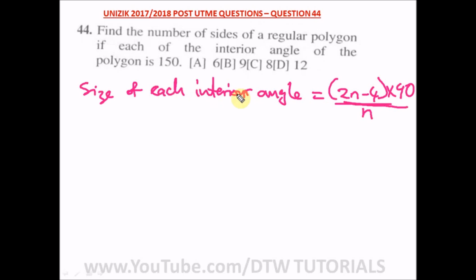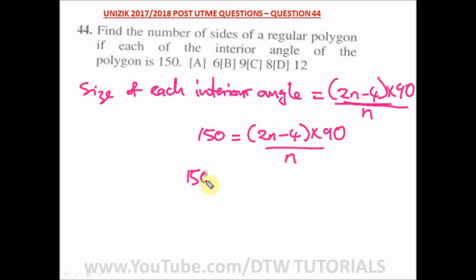So each interior angle is equal to this, and we've been told that each interior angle is what? 150. So all we need to do is say 150 equal to bracket 2n minus 4 bracket multiplied by 90 divided by n. So let's cross multiply. N goes up here, we have 1 here, 1 times this will remain the same.